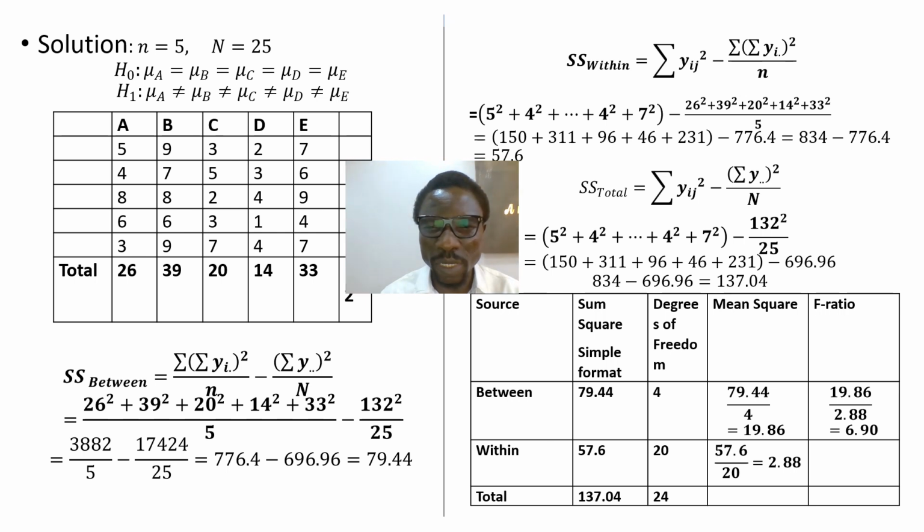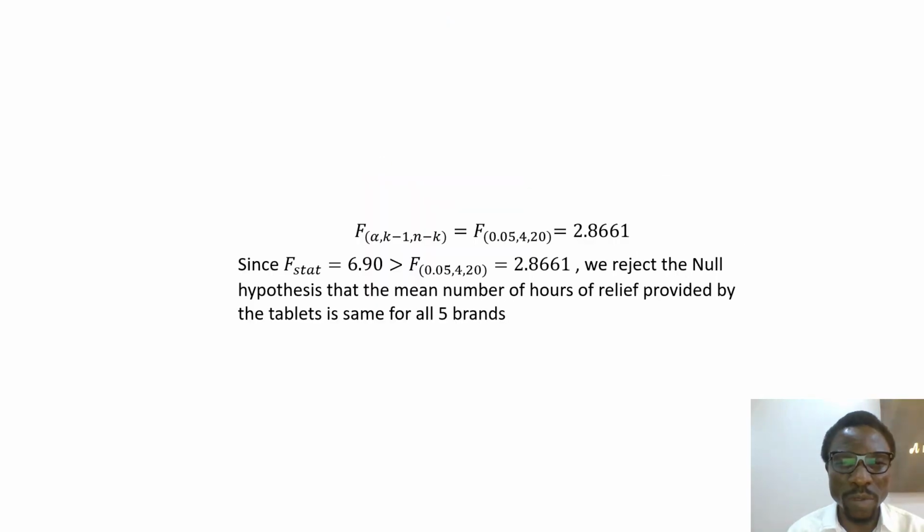So it is very important that once we have these values, we can now plug them into our analysis of variance table. And from there, we can determine our F ratio. And once we get our F ratio, the next thing is to compare the F ratio with the F statistics.